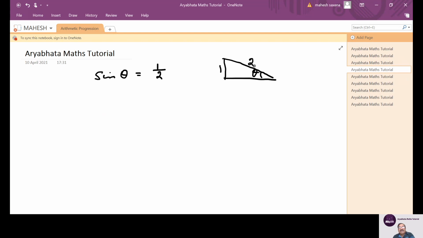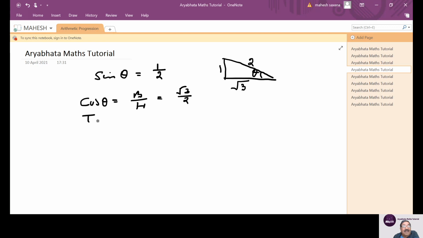Therefore, by Pythagoras theorem, you can find the base very easily: under root 2 square minus 1, it will be root 3. Now, in case of cos, cos theta is base upon hypotenuse, therefore cos theta will be root 3 by 2.